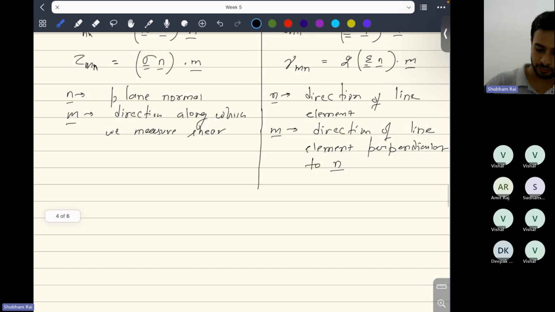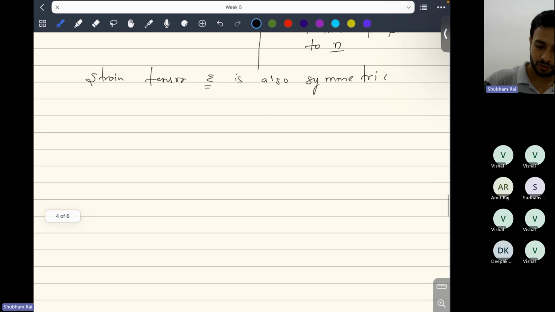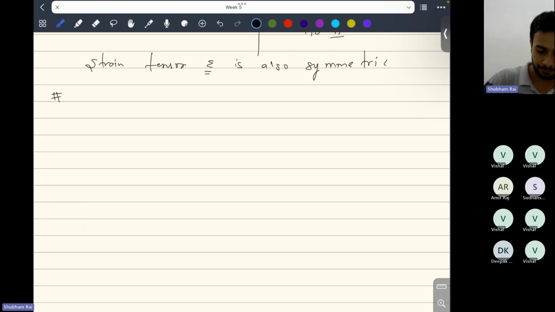And then in the lecture, sir also concluded that the strain tensor is symmetric. This is also symmetric. You can see from the expression of the strain tensor. Then we have Mohr circle for strain tensor also.